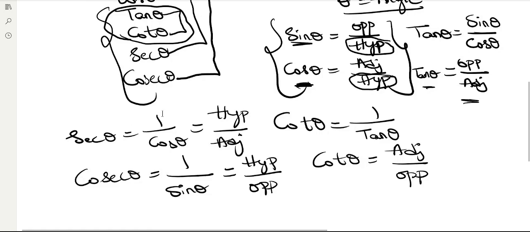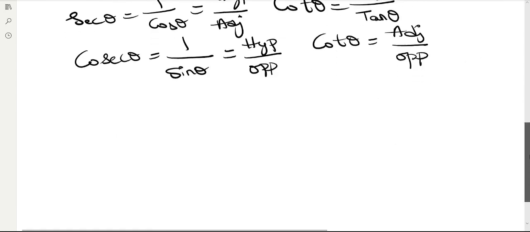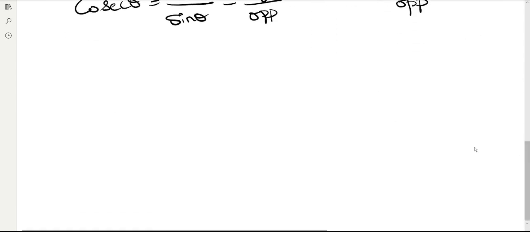Secant theta is the reciprocal of cos theta, so you just write it in reverse order, hypotenuse by adjacent. And cosecant theta is the reciprocal of sin theta, so you reverse it and write hypotenuse divided by opposite side. So these are the side formulas that you need to remember to solve the first exercise of trigonometry.